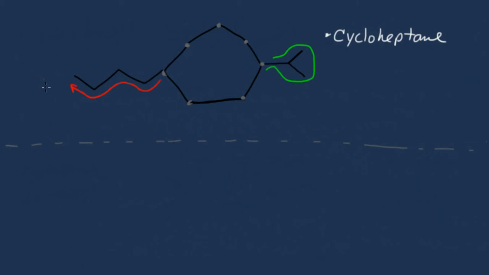This is just butane. And our green substituent group, if you don't remember, we call groups like this isopropyl. So we have an isopropyl group and we have a butane group.